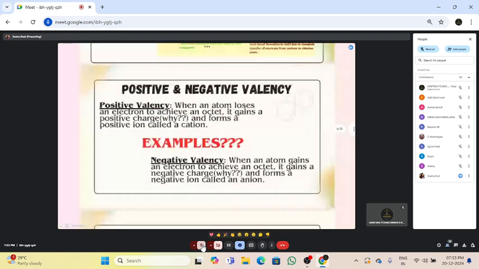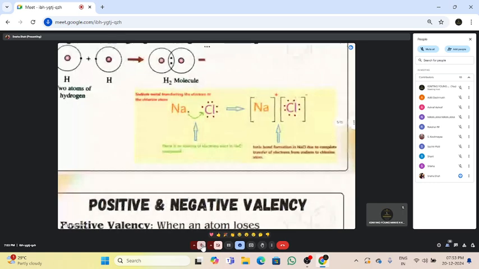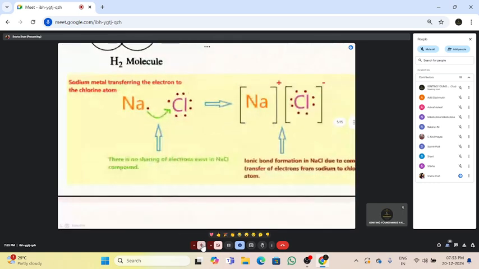Now, understand what is happening in this case: Na is losing an electron, Cl is gaining an electron. That is clear. Now, when you lose a negative charge, that is, you are losing an electron, what happens to that element? It becomes positive. Understand that the number of protons and the number of electrons is the same in an atom.